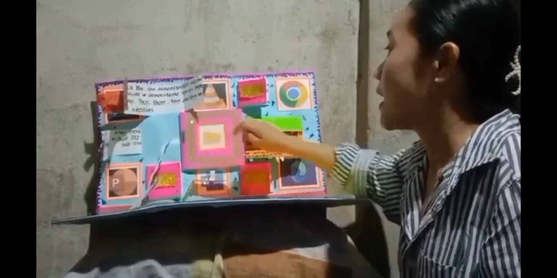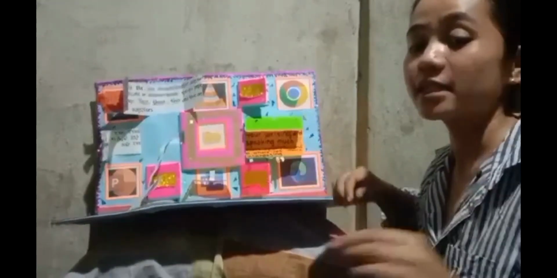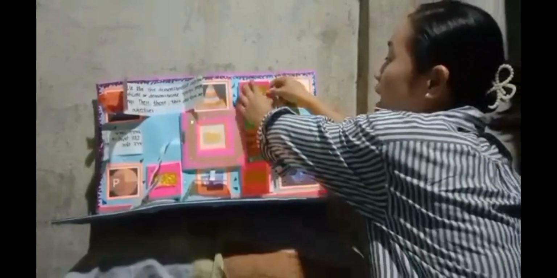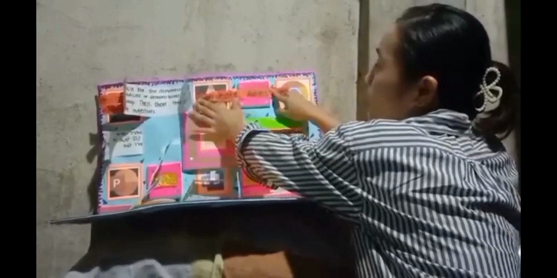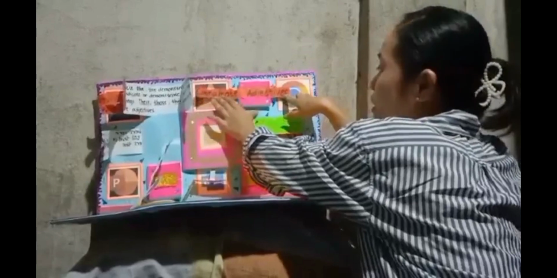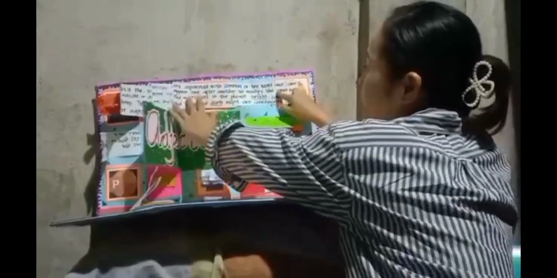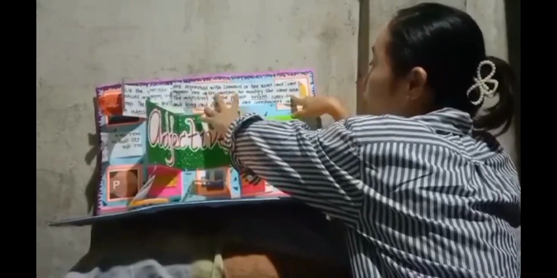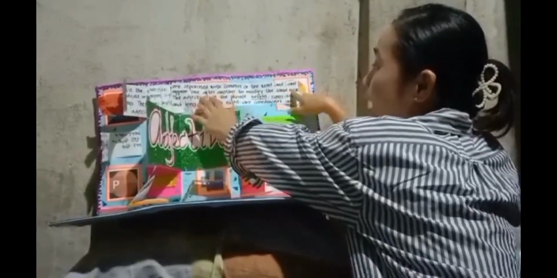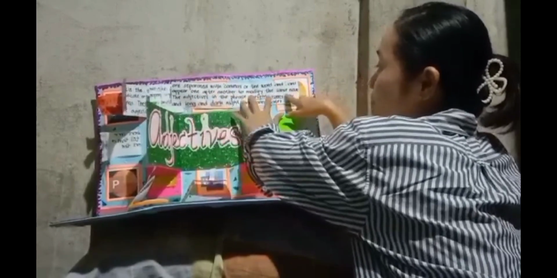Then the next type of adjective is the coordinate adjective. So what is a coordinate adjective? So coordinate adjectives are separated with commas or the word and appear one after another to modify the same noun.